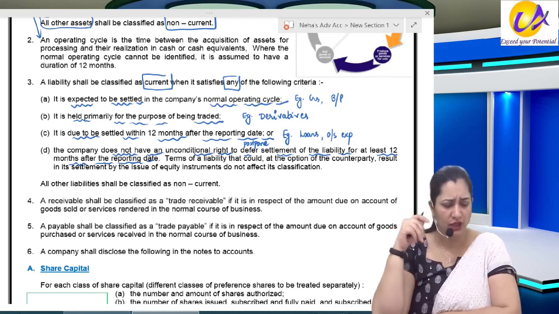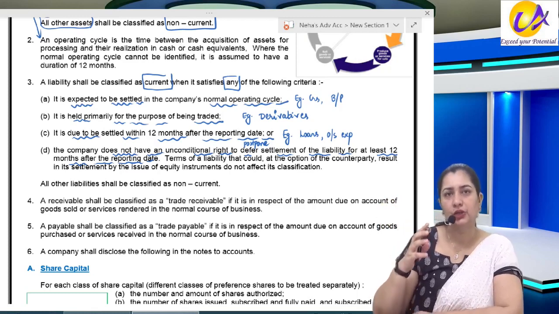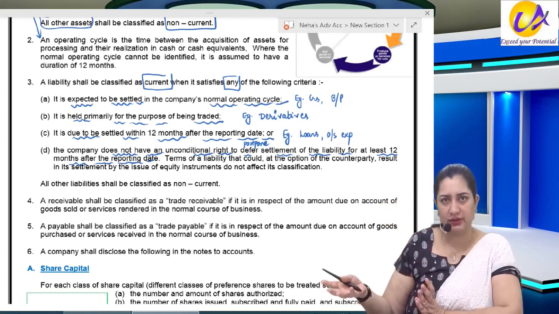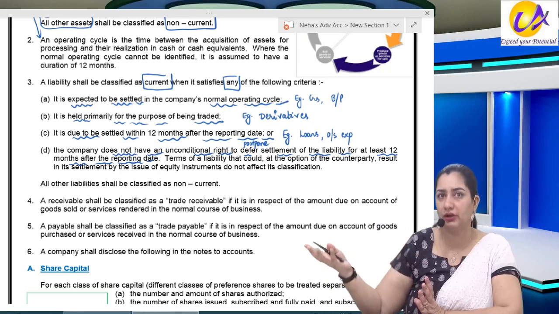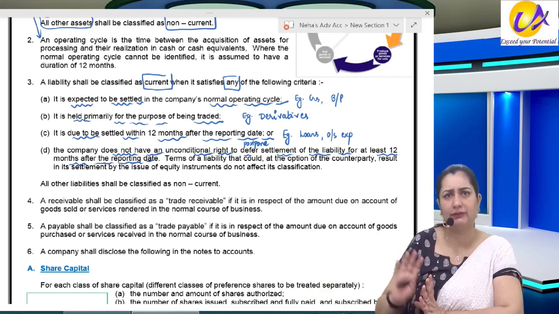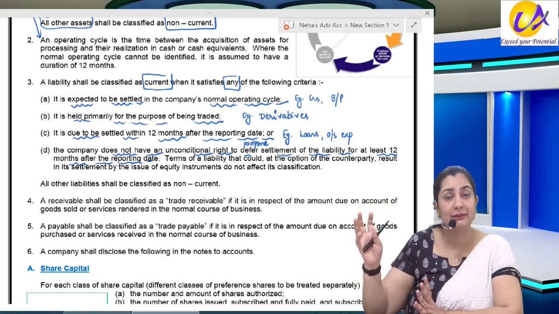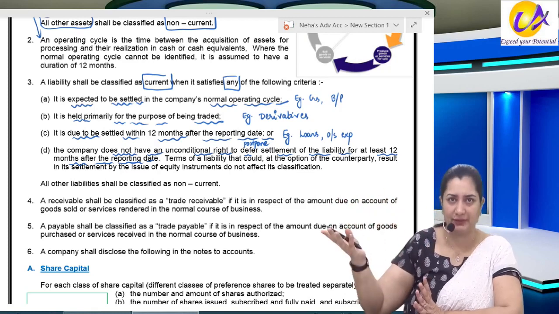Now you might think C and D are the same, it is looking like the same. No, it is not the same. In D, you have the right to postpone it, but you can't postpone it beyond this. But in point C we are clearly saying that you have to settle it within 12 months. It is payable within 12 months, we know that. Here you can postpone it, but at the same time you cannot postpone it beyond 12 months.